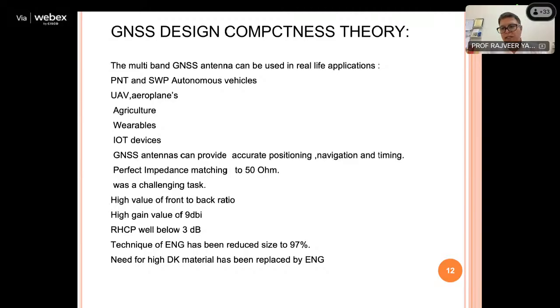We will see that in the initial design I have used dimensions 60 x 60 x 40 cube, and the same dimensions, after applying FSS theory or frequency selective surface theory or DNG theory or ENG theory, I'm able to convert these dimensions into 25 x 25 x 44.3 cube.